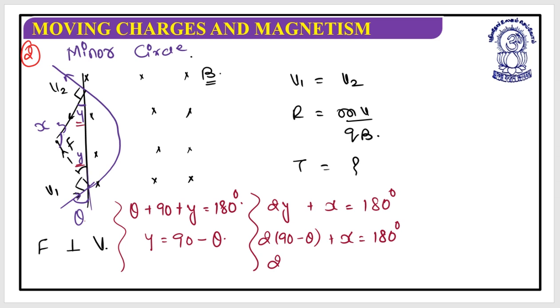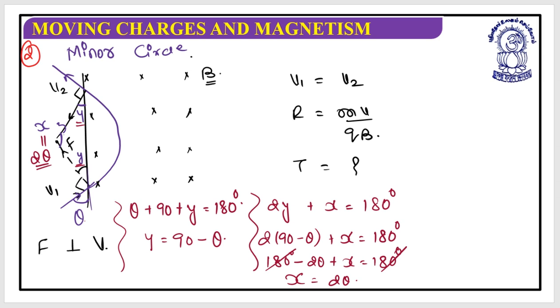This is 180 minus 2 theta plus x equal to 180 degrees. This would go, and x should be equal to 2 theta. So this angle x is 2 theta.